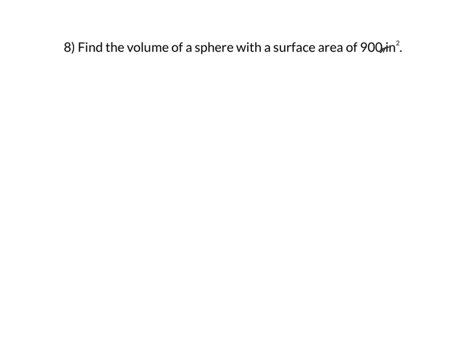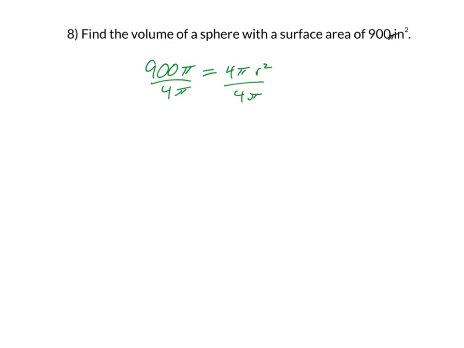Find the volume of a sphere with a surface area of 900 pi inches squared. So my surface area is 900 pi equals 4 pi r squared. I'm going to divide by 4 pi. That means this is 225 equals r squared.